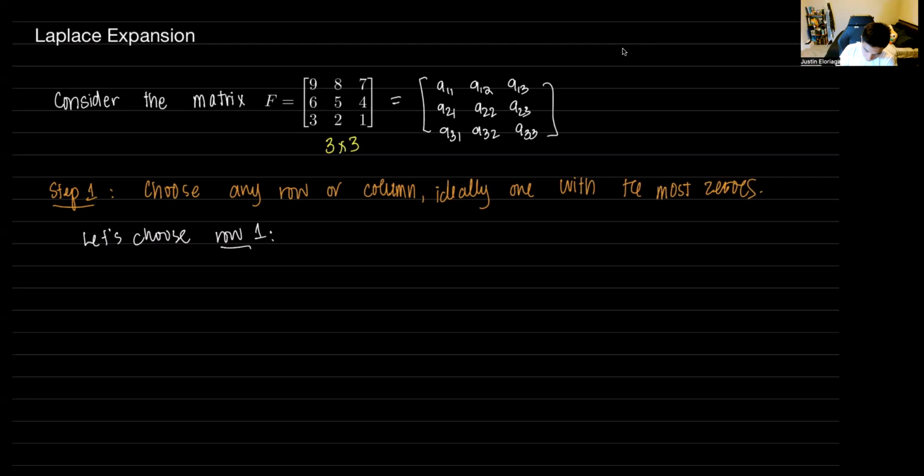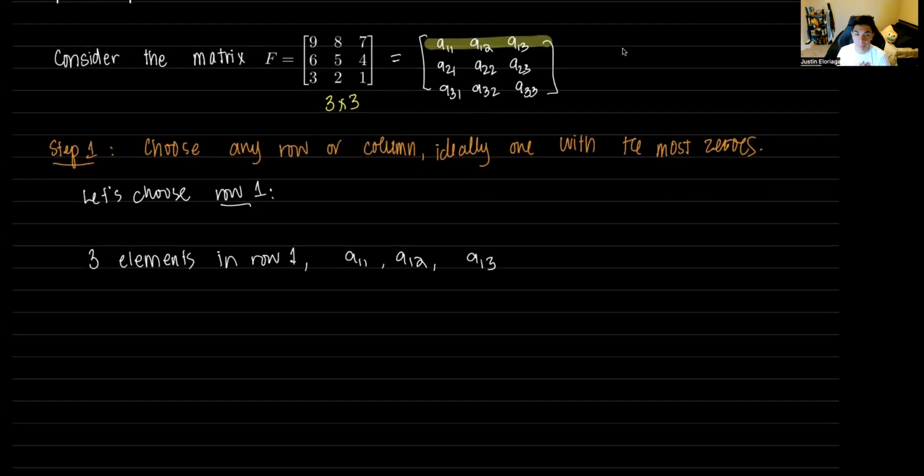What we're doing now is zeroing in on this first row. If we choose row one, there are 3 elements inside row 1: A11, A12, and A13.